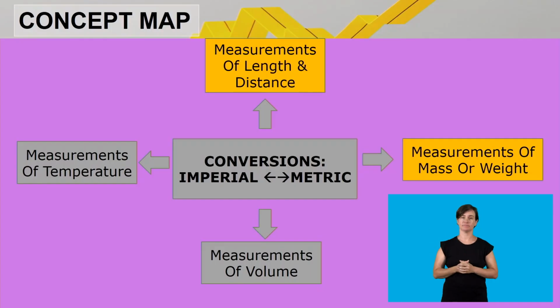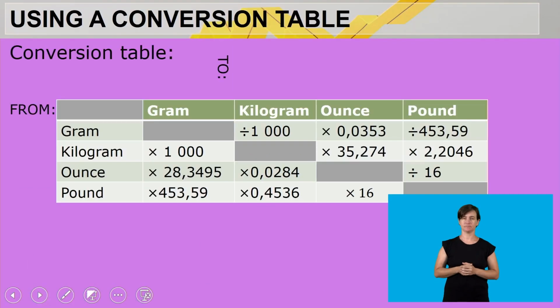Okay, that brings us to the end of length and distance. Let's quickly look at mass and weight. Now, with mass and weight, we know we've got your kilograms and grams and ounces and pounds, but this is now a different type of conversion.